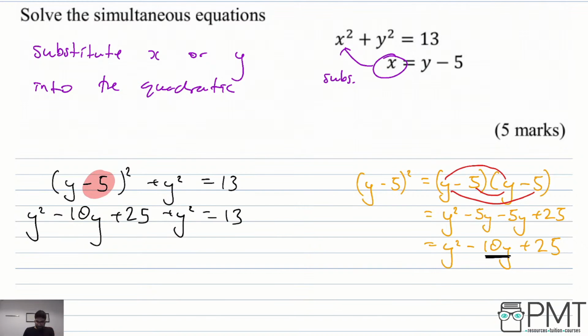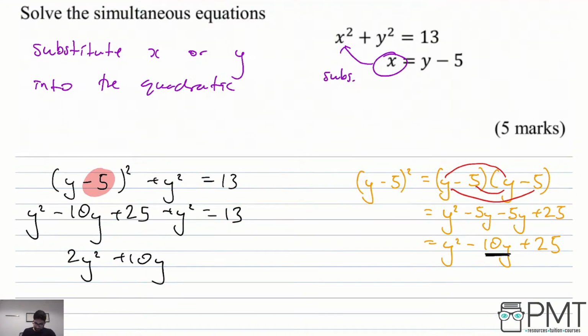You then simplify this, so add similar terms together. Thank you, Jackie. I hope we'll get there one day. Add them together, you will get 2y squared plus 10y. Take the 13 away from both sides, and that should give you plus 12 equals 0.